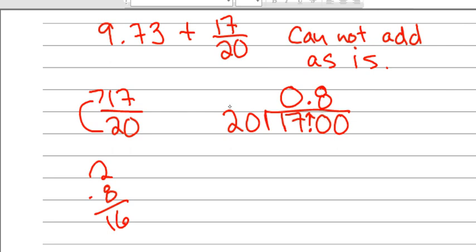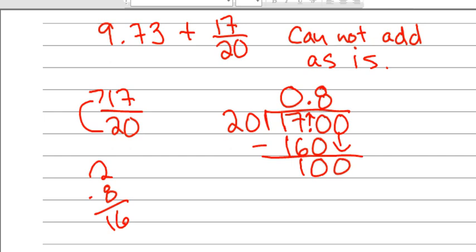So 20 times 8, just add a 0 onto the 16, it's 160. Subtract down. And I get 10. And I'm going to bring that second 0 down.